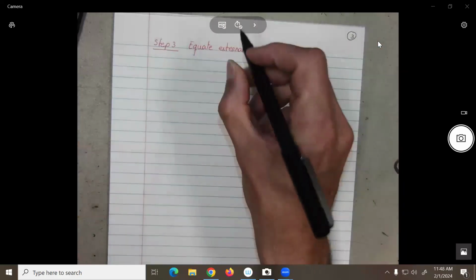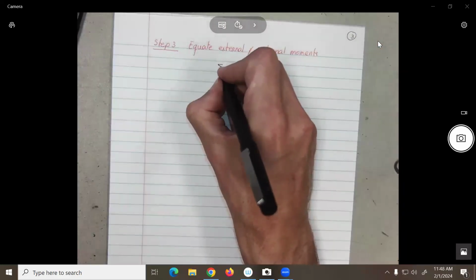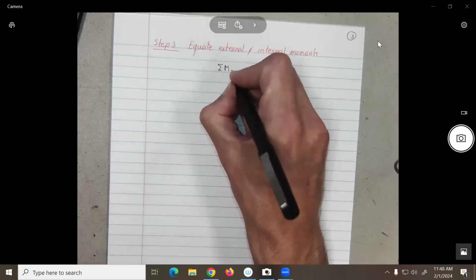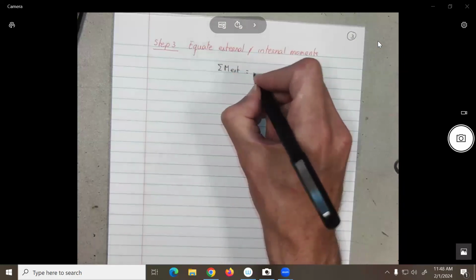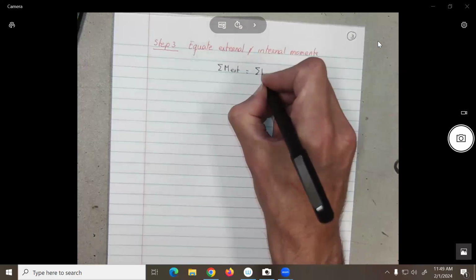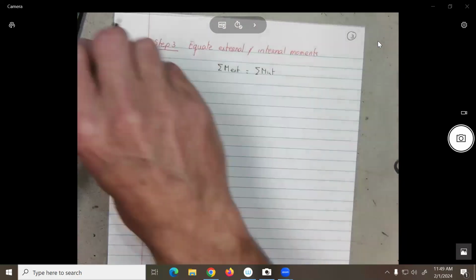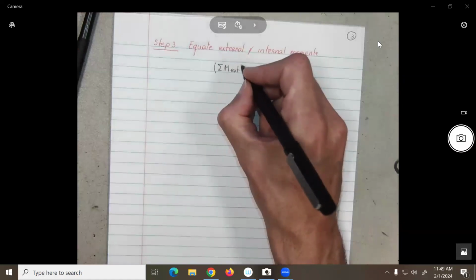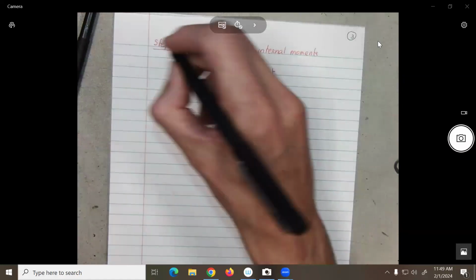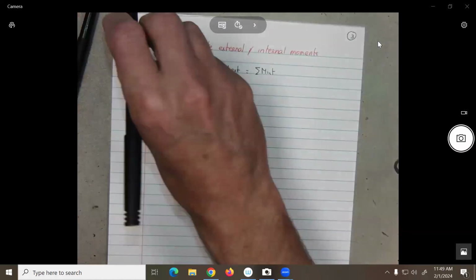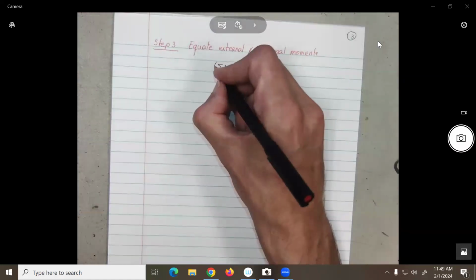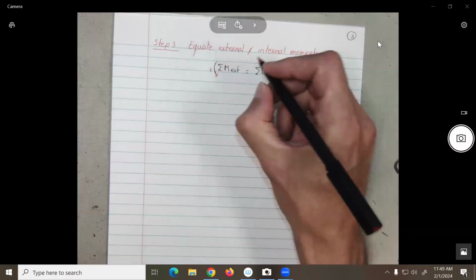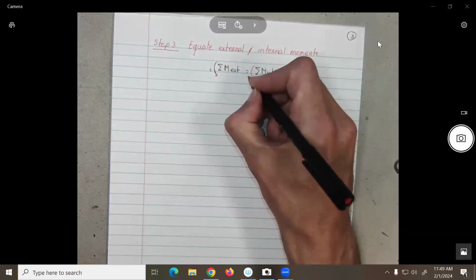So basically that should be the equation of summation external should be equal to the summation internal. Yeah, okay. Let's do this right here. Counterclockwise positive, counterclockwise positive.